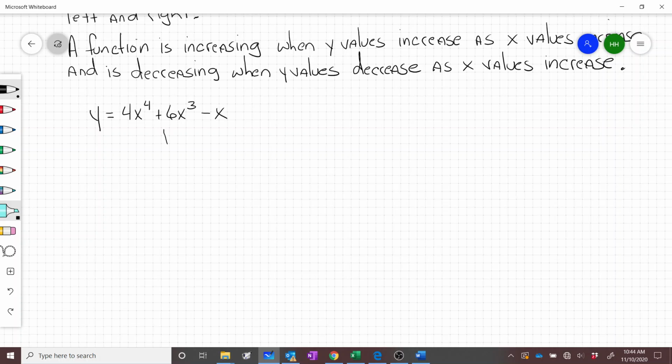Alright, this graph would look something like this.